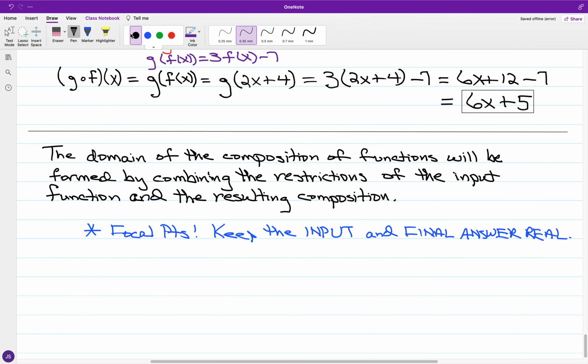And just a case here. Let's say we have two functions, and say we're looking at determining f composed with g of x, g composed with f of x, and their domain.